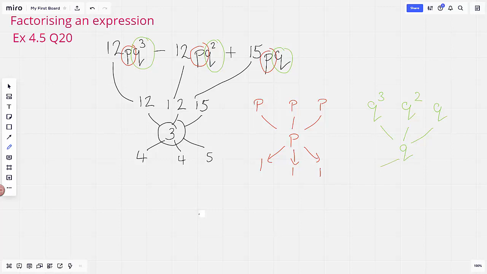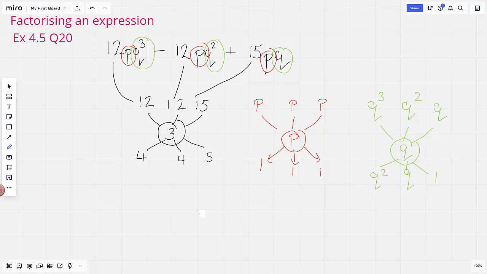Q goes into q cubed q squared times. Q goes into q squared q times, q goes into q once. So these are the factors that we're going to end up with. We're going to pull out the q here, and we're going to pull out the p here. And these numbers at the bottom, of course, we're going to reference as well. So what are we pulling out altogether?